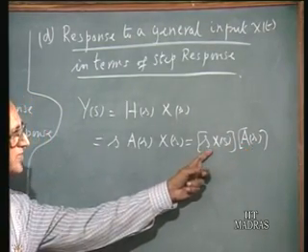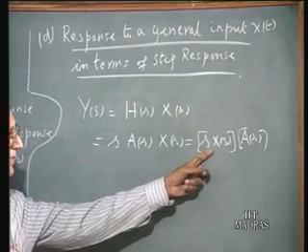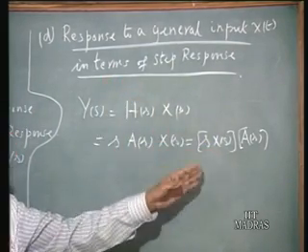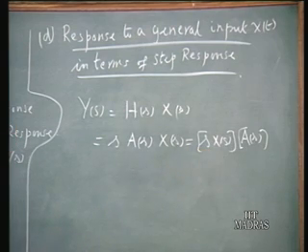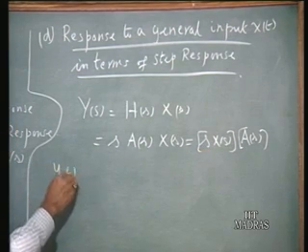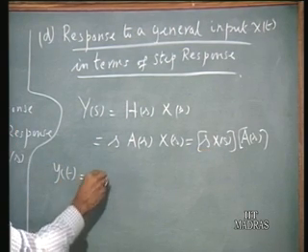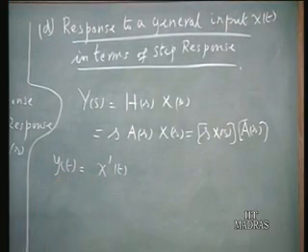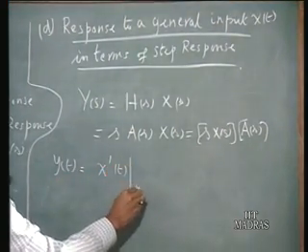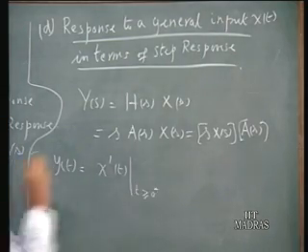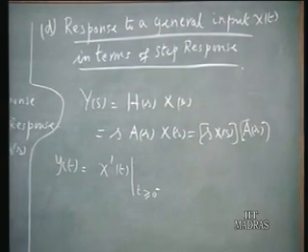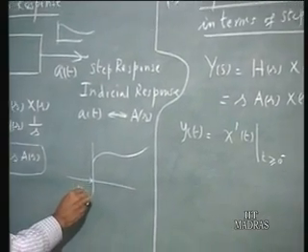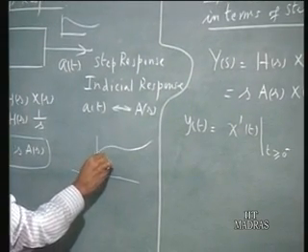What is the time function corresponding to s times X(s)? It is dx/dt, the derivative of this, taking into account that it starts from t equals 0 minus. Therefore, y(t) can be written as x prime(t). When you take the derivative x prime(t) starting from t equals 0 minus, that is, if x(t) is like this, this is x(0 minus), this is x(0 plus).